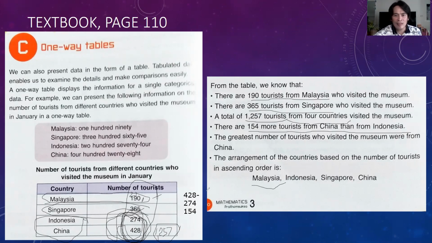Next is Indonesia. Is it correct? Yes. And then Singapore is the third. Yes. And China has the greatest number of tourists.